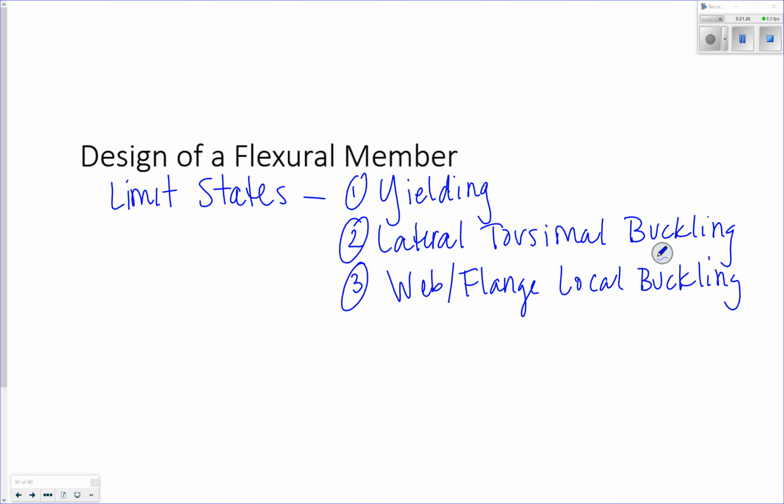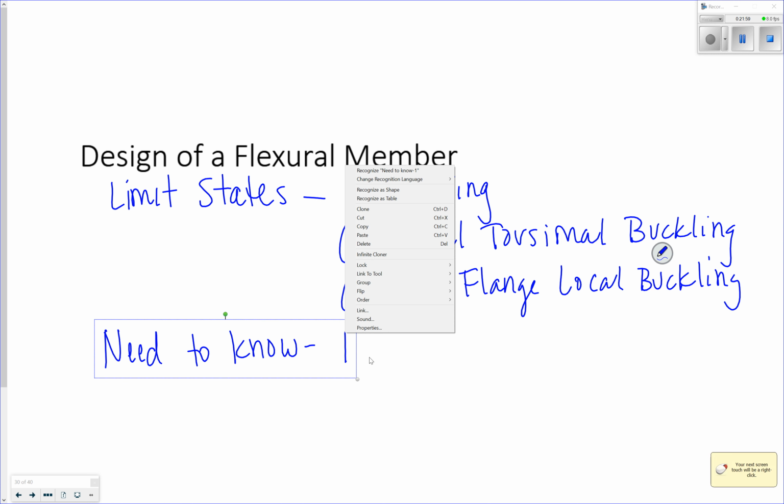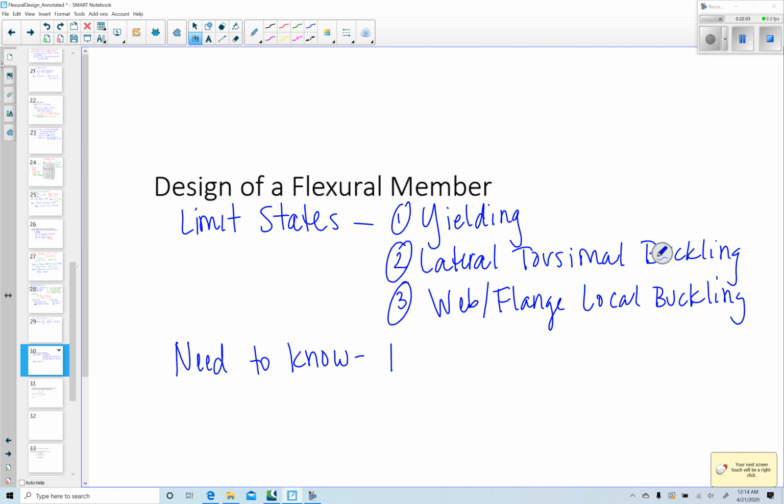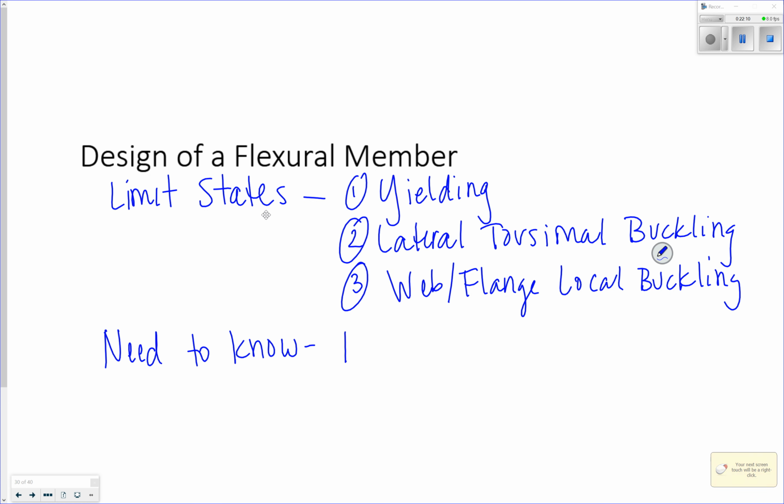If I'm doing design and I know my capacity that I need, which might be something that you have to calculate, I need to know my Mu, how much capacity I need.